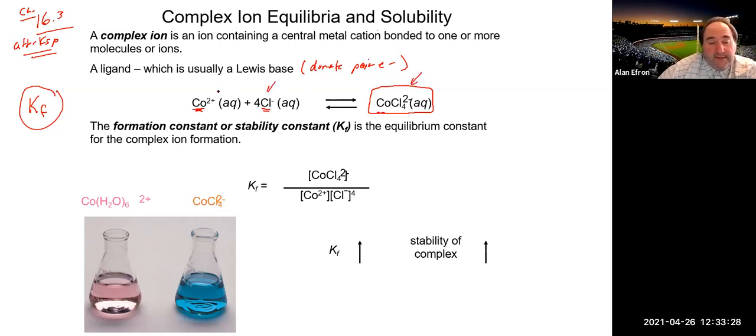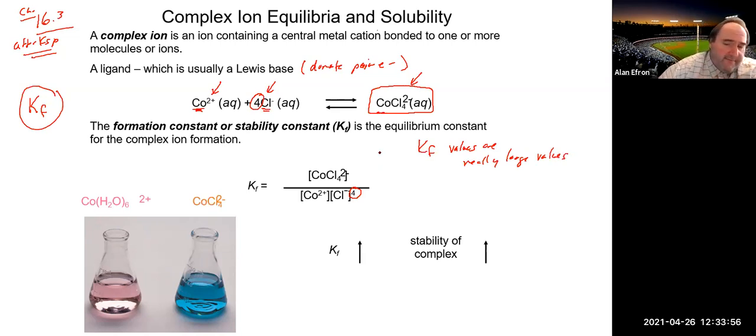It's our products divided by our reactants. Just like normal, if we have a coefficient, it is going to be our exponent. So we do this in exactly the same fashion. What we will see is Kf values are typically really large values.